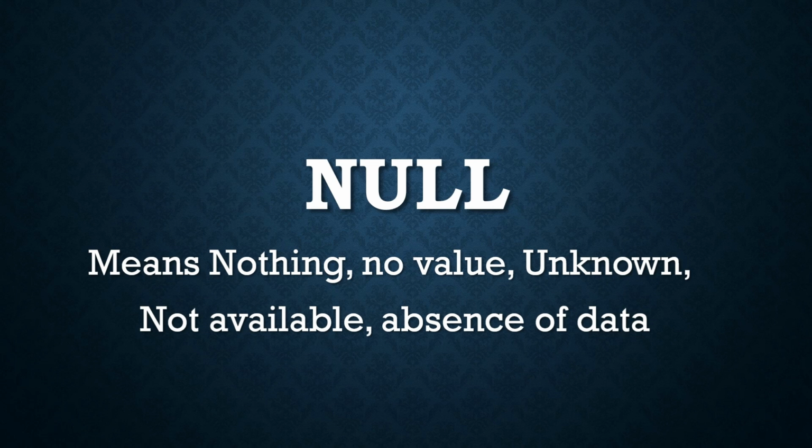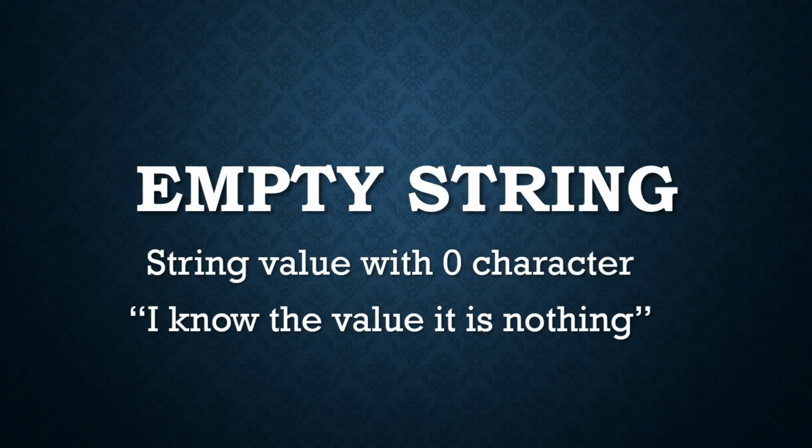Now what is an empty string? An empty string is a value with 0 characters. It means I know the value, and it is nothing. For example, going with the same form example, a person does not have a middle name, like Mary Smith.